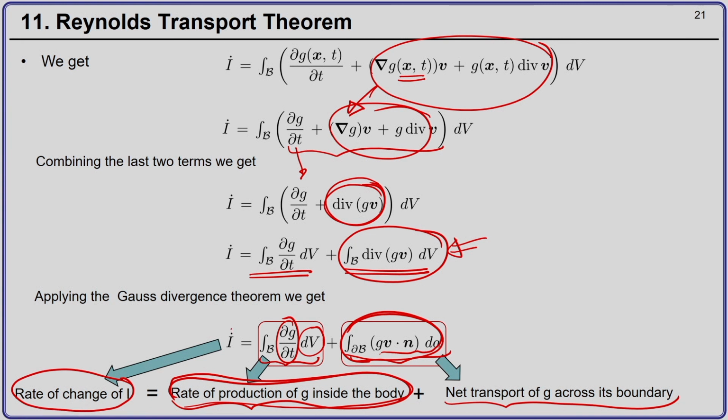So the Reynolds transport theorem gives you the rate of production of G inside the body plus the transport of G across its boundary.